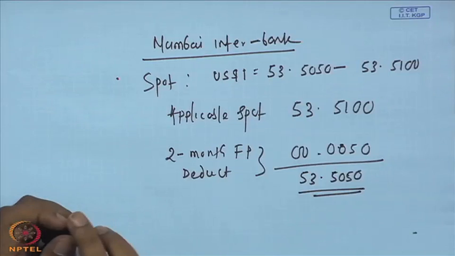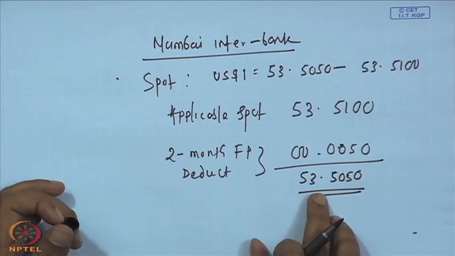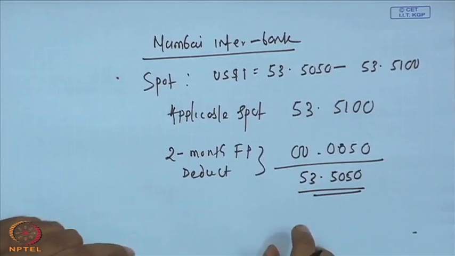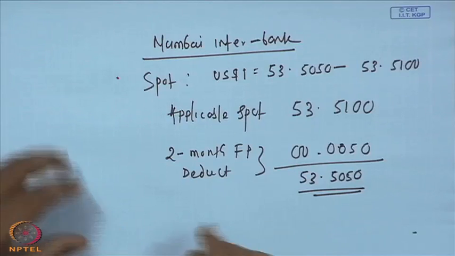Now, the importer will get dollar after 2 months from the authorized dealer at the rate of 53.5050, but the authorized dealer needs to add the profit margin.